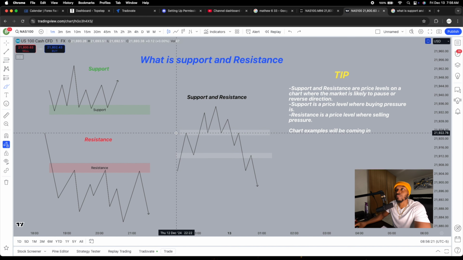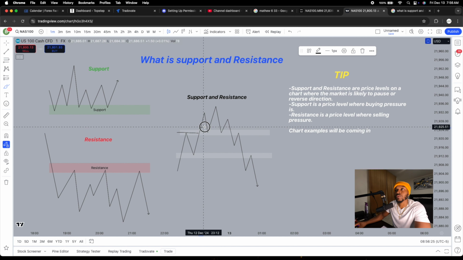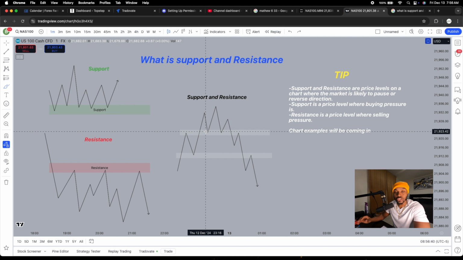Now, once we get a break of that level, this becomes a support level because the price is now above it and it is bouncing off of that support level. So what you need to know is that support can become resistance and resistance can become support.